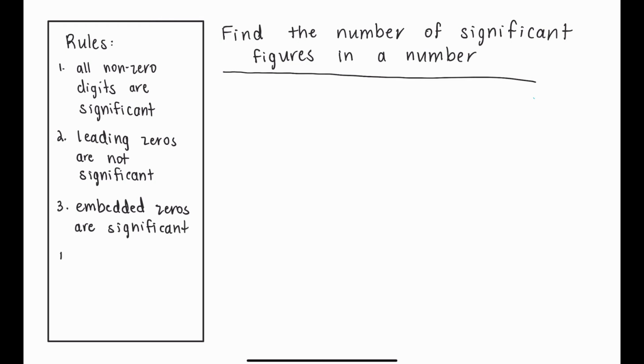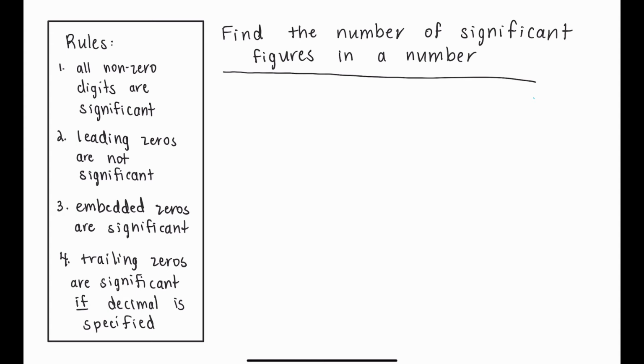And the last rule, number 4, trailing zeros are significant if the decimal is specified. Now let's go over an example together where we apply these rules to find the number of significant figures.